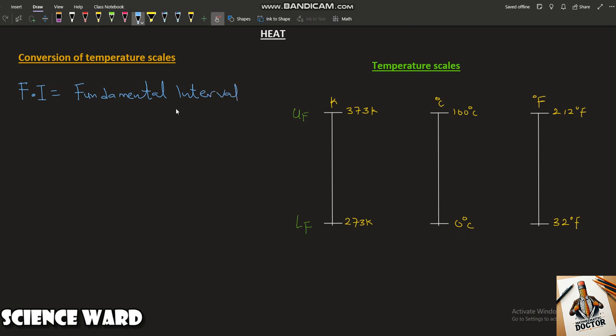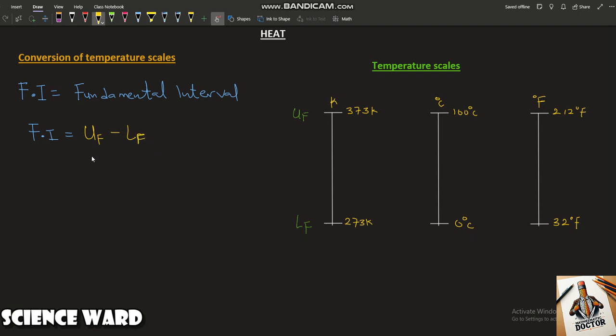The fundamental interval is the difference between the upper fixed point and the lower fixed point. That is, the Fi, the fundamental interval, is equal to UF minus LF.